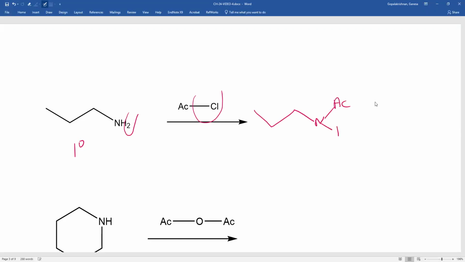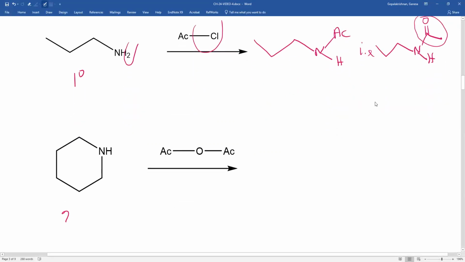The hydrogen is there. So this is nothing but, this Ac group is this group. Instead of writing this group, we write Ac.